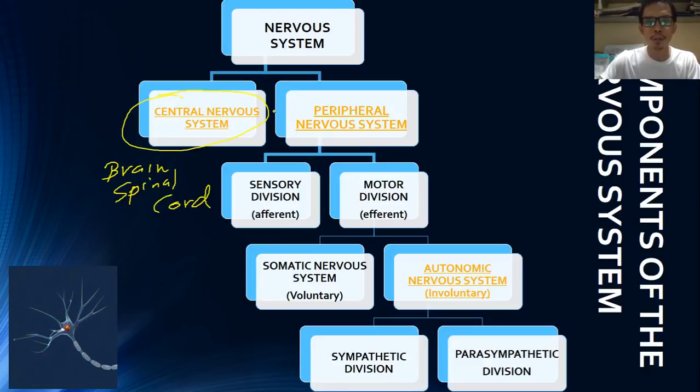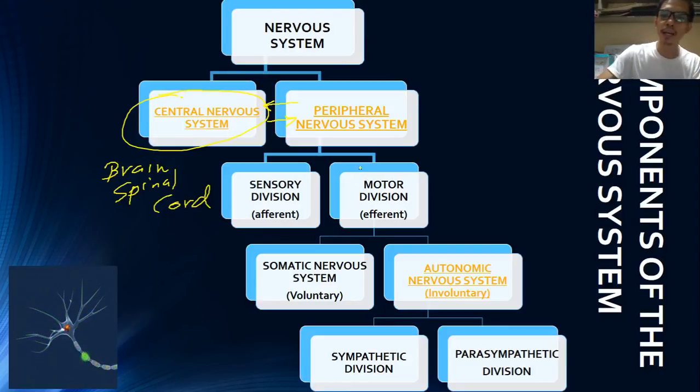As we all know, the central nervous system integrates what the peripheral nervous system gathered, and then sends some messages again to the peripheral nervous system to do appropriate action.